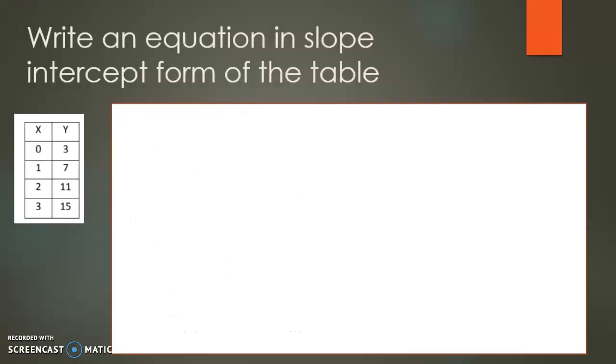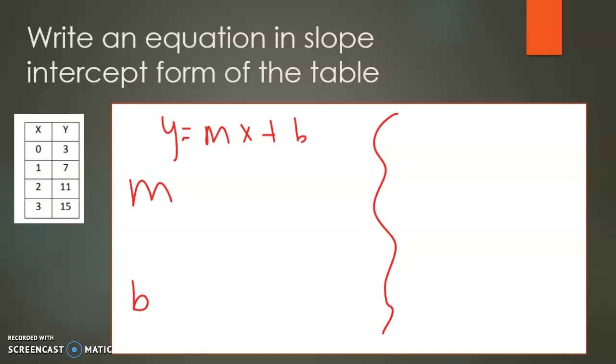Write an equation in slope-intercept form of the table. So here's how this works: y equals mx plus b.